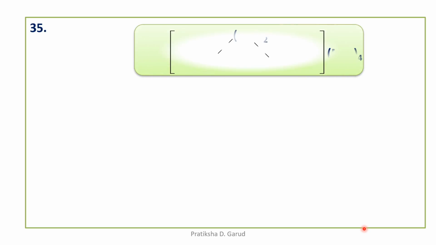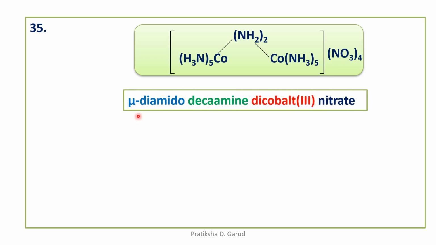Let's take the next example. In this example, there is only one bridging ligand, that is the NH2. And the two metals are cobalt, attached to 5 plus 5, total 10 ammonia ligands. And outside the square bracket, we have the 4 NO3. So its name is mu diamido.